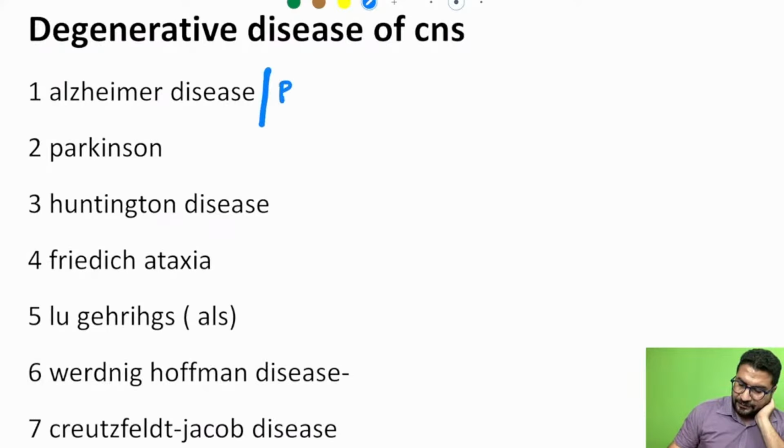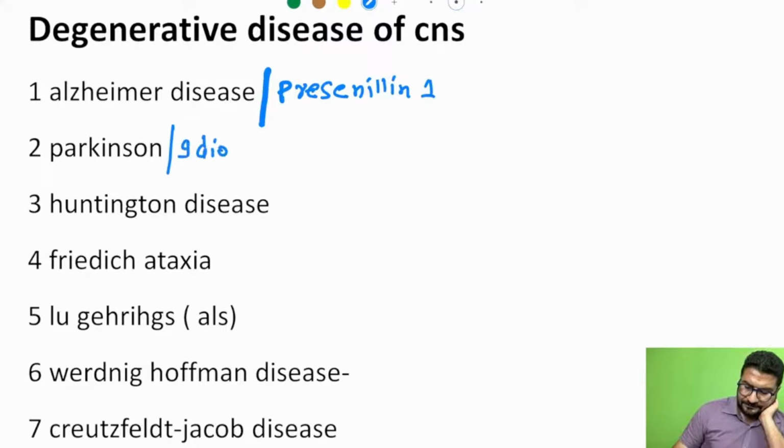Name of the protein which is mutated here is presenilin 1. Parkinson. So it is occurring due to idiopathic reason, but sometime it can occur because of mutation in LRRK2 gene or Parkin gene.